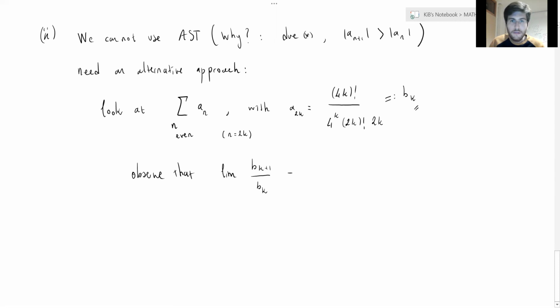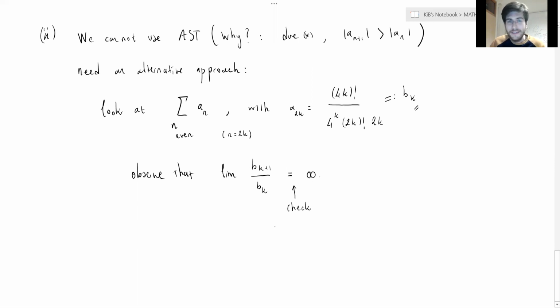We use basically the ratio test for this part of the series. I just skip the computation, just do the cancellations, and look at the limit. You will end up with infinity.